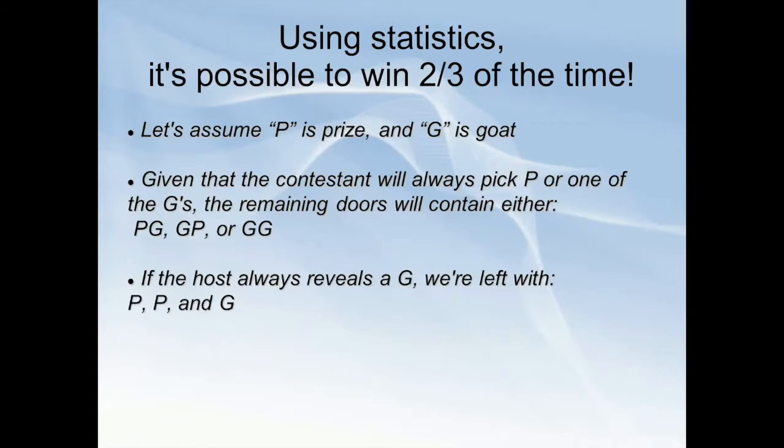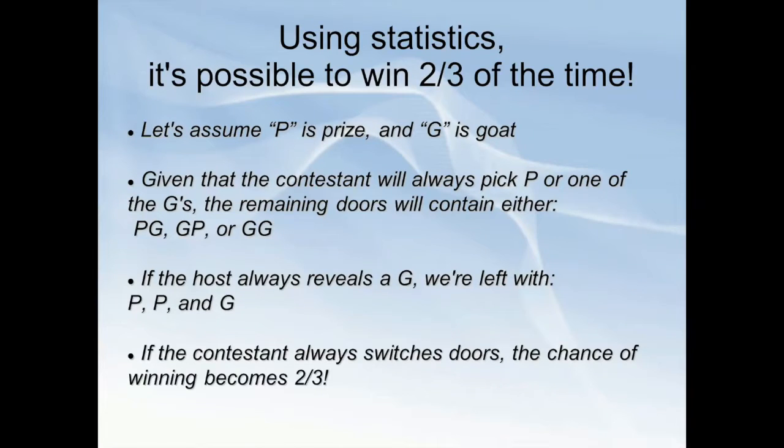Since the host always reveals a goat, we're left with either a prize, or a goat. That means if the contestant always switches doors, their chance of winning a prize becomes 2/3.